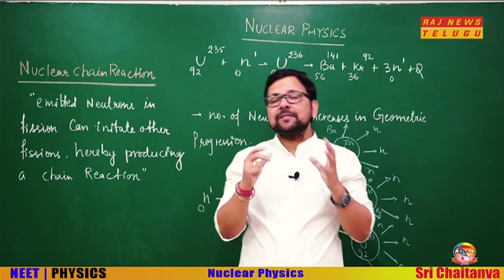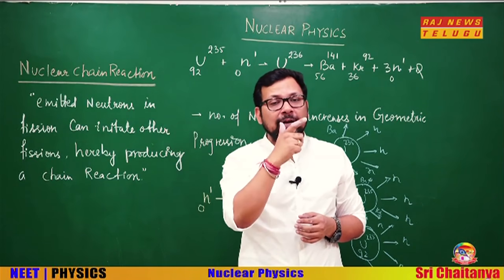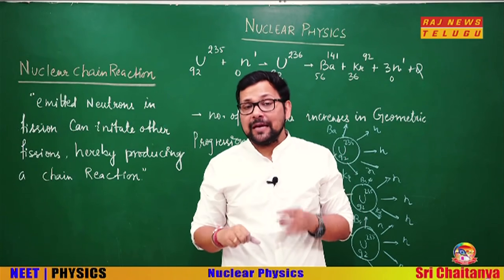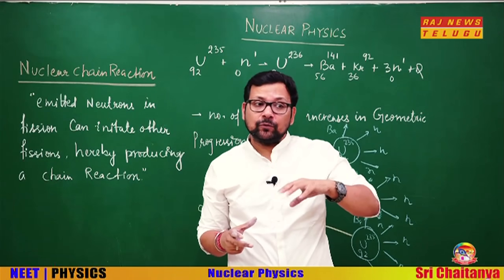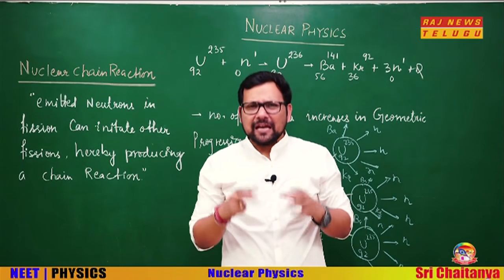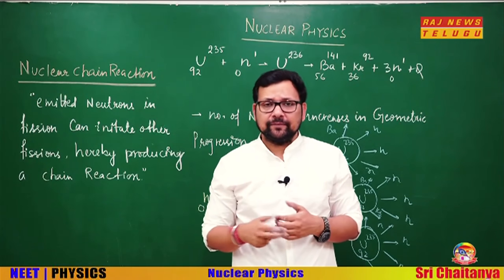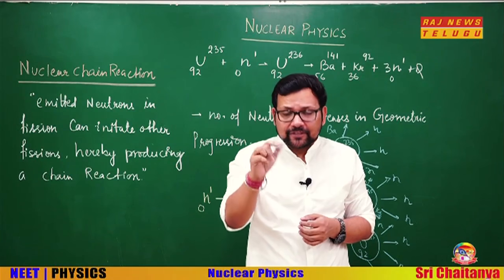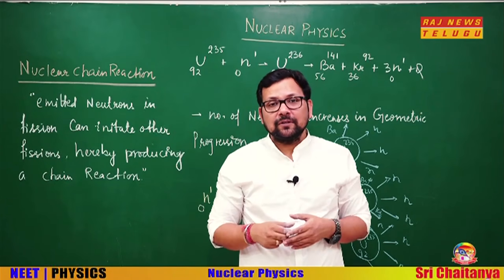What was the fission reaction? One neutron you threw at U-235 as a projectile, and what did you get? Products with 3 neutrons. On average we say 2.5, in some it's 2, in some it's 3. But in that particular reaction that we wrote, we got 3 neutrons.